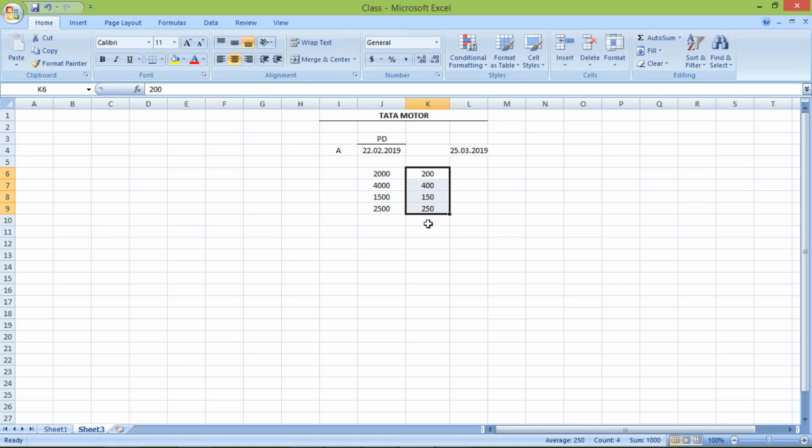So how much payment have we made, guys? In total we have paid 1000: 200 plus 400 plus 150 plus 250. So the total payment we have made is 1000. Now what is happening?